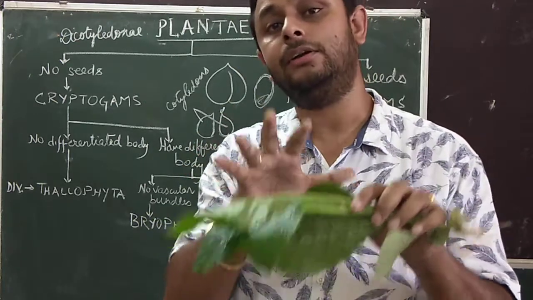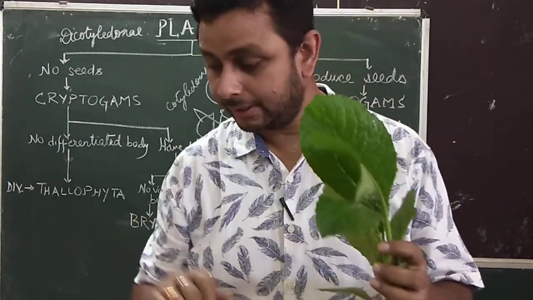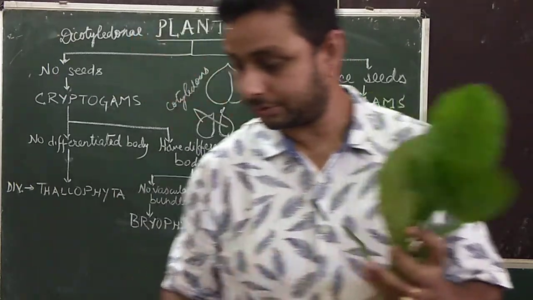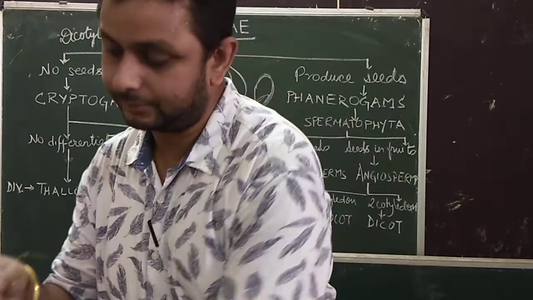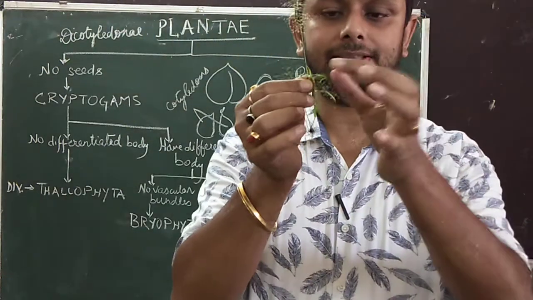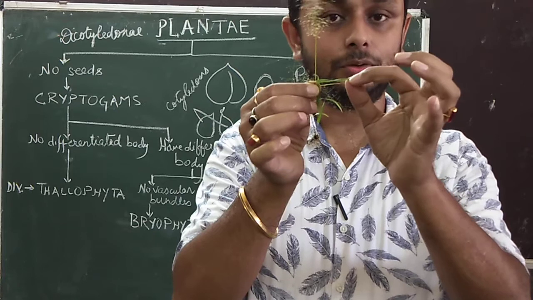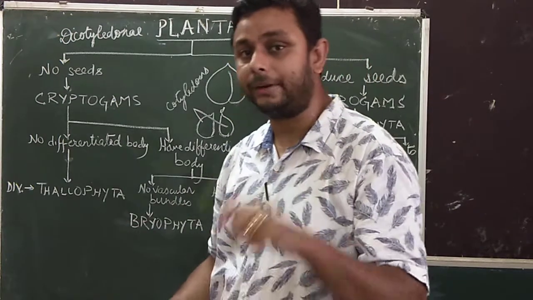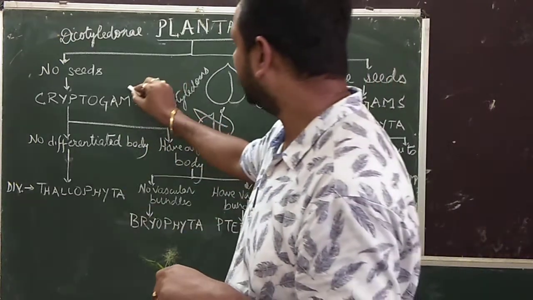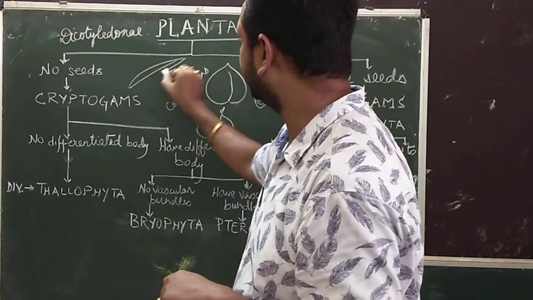Whereas in the case of monocots, suppose I have a sample of grass here. This is a leaf of a grass. Here the venation is parallel venation.